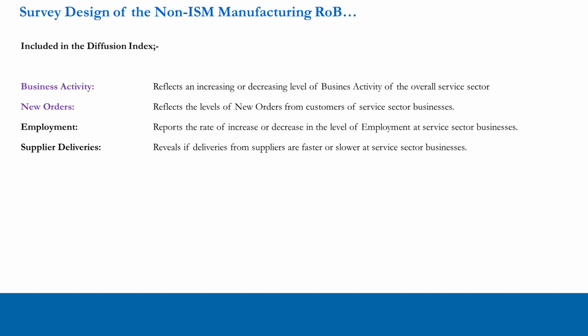So from a trader's, portfolio manager's perspective, because the supply chain is not physical or real goods bought and sold, like widgets manufactured in a factory with a supply chain behind that, supplier deliveries is not as important as supplier deliveries in the manufacturing sector, and in the NMI itself, nowhere near as important as business activity and new orders.